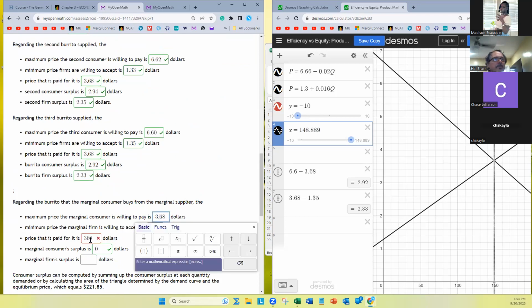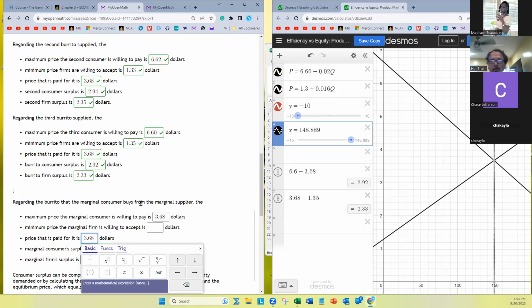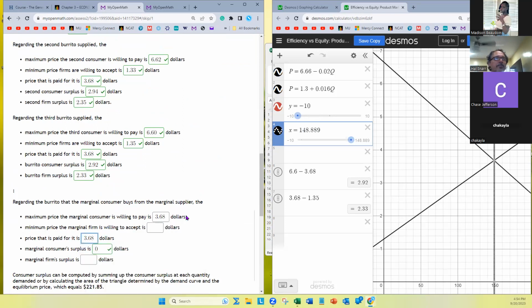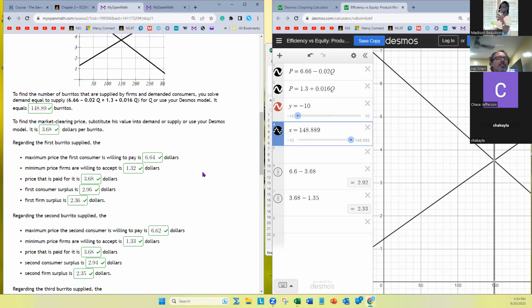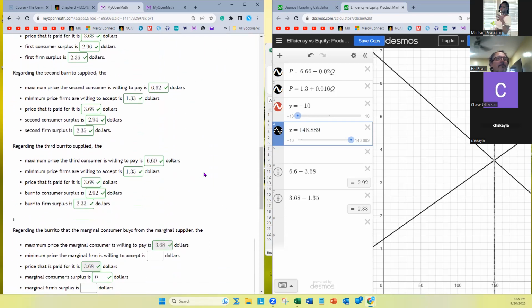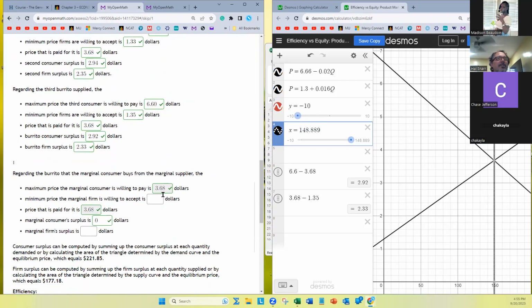Sorry, I forgot the decimals. Don't do what I just did and forget the decimal place. Fortunately, there's 2 tries per answer box, right? So this is the marginal consumer. They're willing to pay up to $3.68, and that's exactly the price they pay for it. So in a sense, they're kind of indifferent between buying and not buying, right?